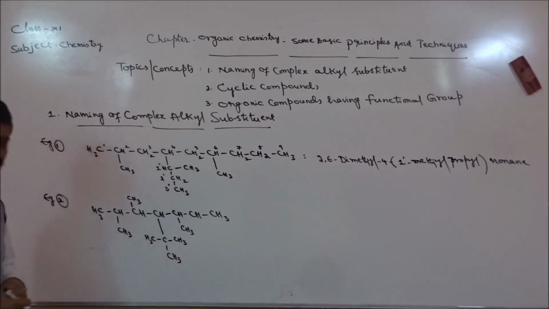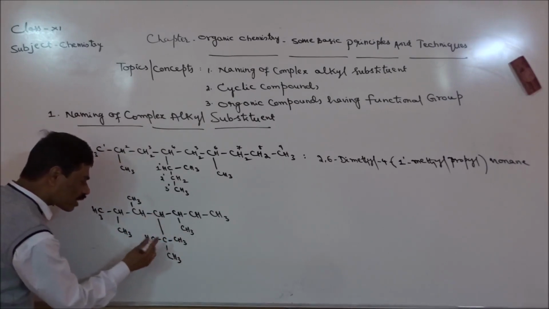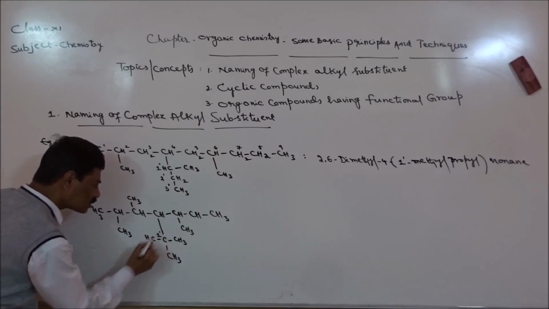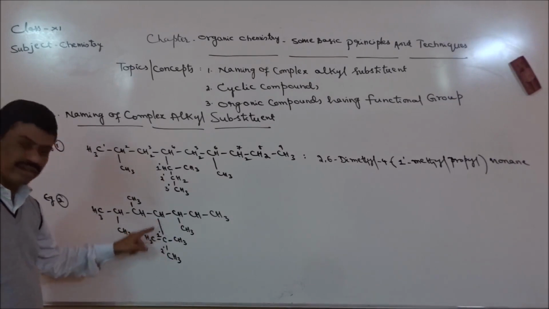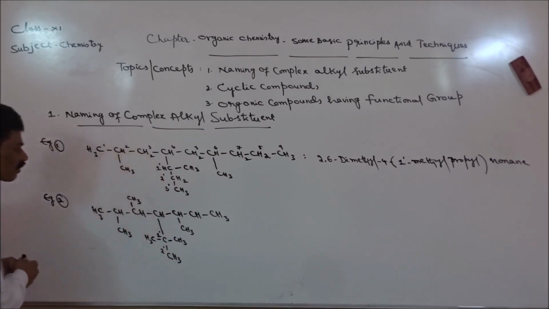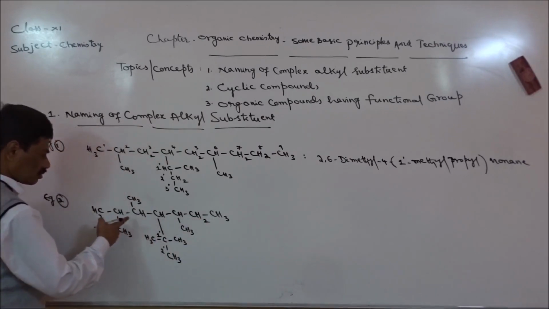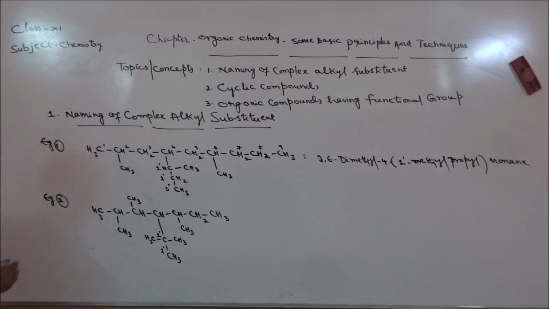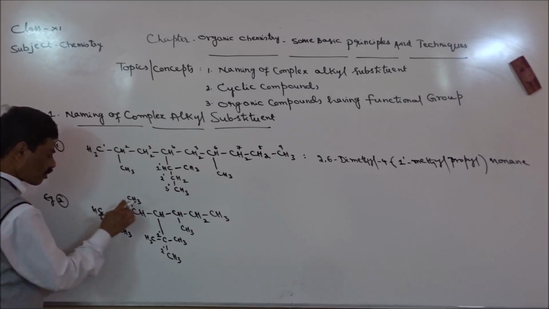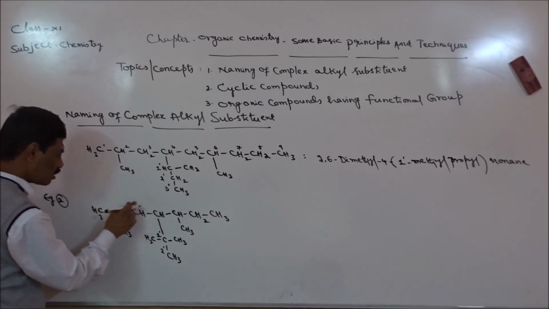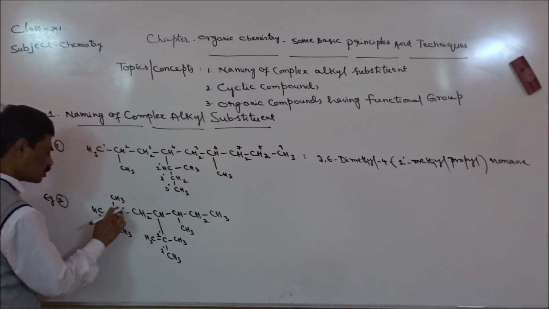Right? Now, in this case, as I told you, this is a complex alkyl group. To this carbon I will give number 1 dash. To this carbon 2 dash. 1 dash 2 dash means that is an ethane derivative. Now, let me satisfy the valencies of other carbon atoms. Yeah, it is satisfied. When numbers are given, we add a methyl group here, and I will make this 2, and I will remove this hydrogen.